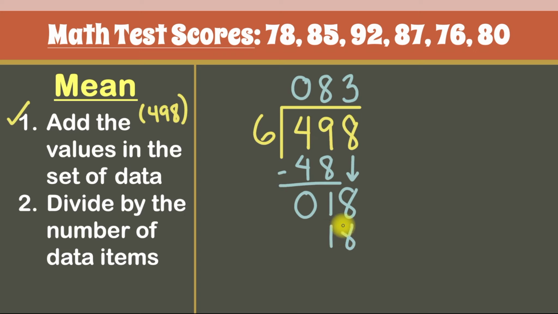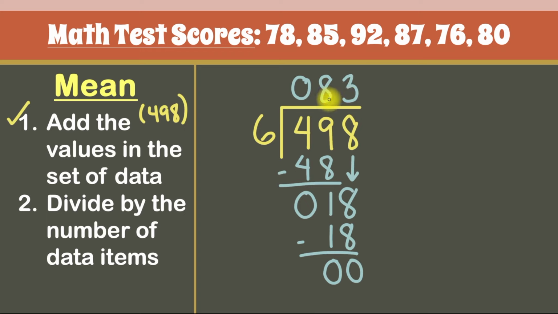So we'll put an 18 here, and then subtract, and 8 minus 8 is 0, 1 minus 1 is 0, and this is a beautiful thing, because that means that we're done with our division, because our remainder is a 0, and there's no other digits to bring down. Meaning our mean is 83.